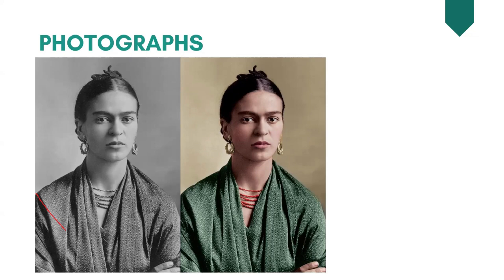We might assume it's historic. We've colorized it. So we've made assumptions about this individual and what she would have looked like maybe 100 years ago. Let's assume it's 100 years old. We've made assumptions about what this individual would look like 100 years ago in color. That may or may not be remotely true.